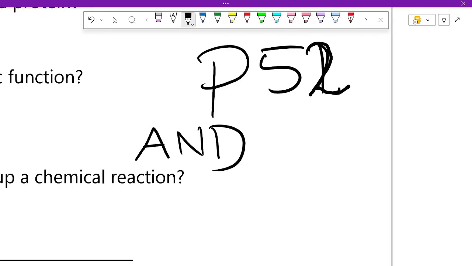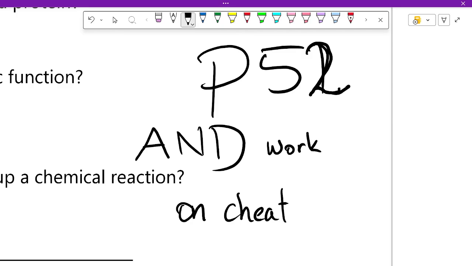Page 52, and work on your cheat sheet because we have a quiz next Wednesday. And I'll get the pages it's on up here so you know exactly which pages.